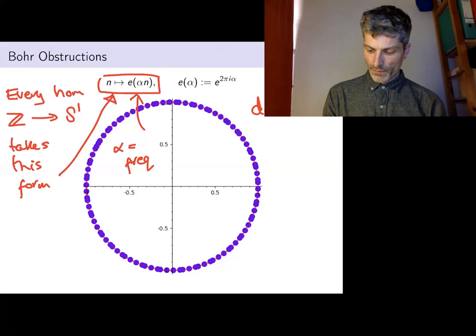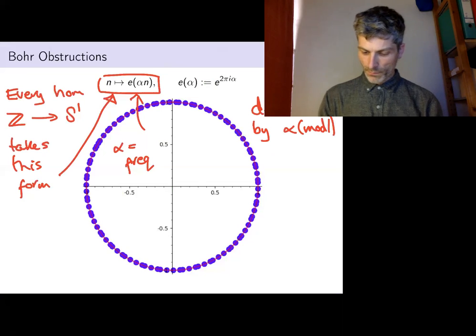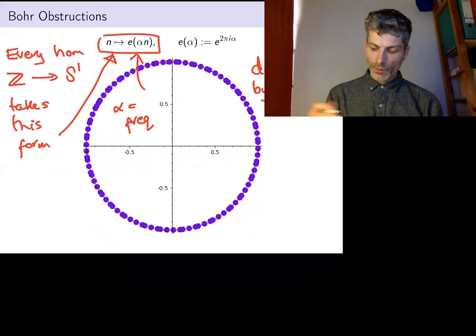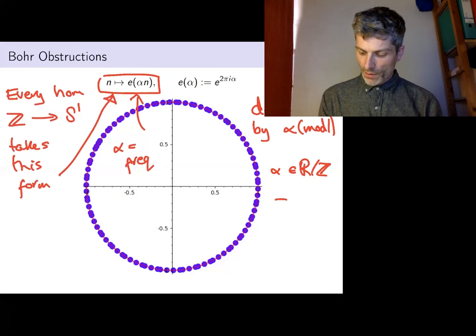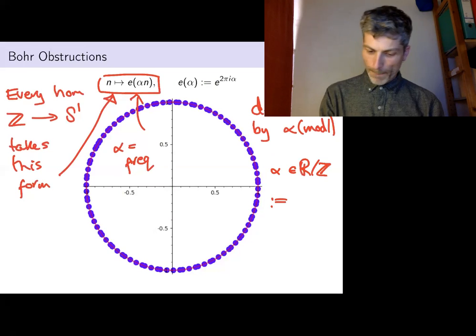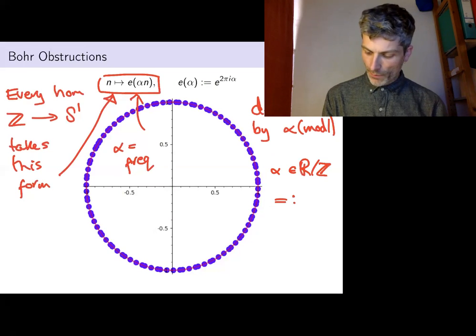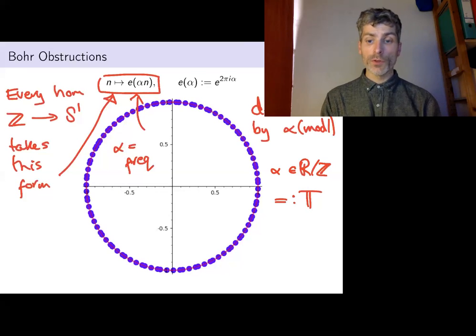So these homomorphisms are indexed by frequencies lying on the real numbers modulo the integers, which is a set we denote by T for the torus.